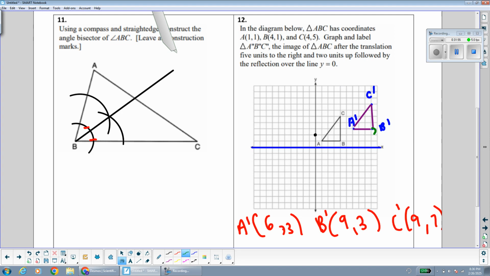2, 1, 2, 3, 1, 2. You're counting to the line, 1, 2, 3, then moving an equal distance on the other side of the line. 1, 2, 3.